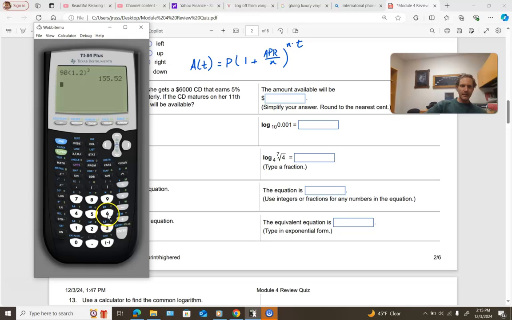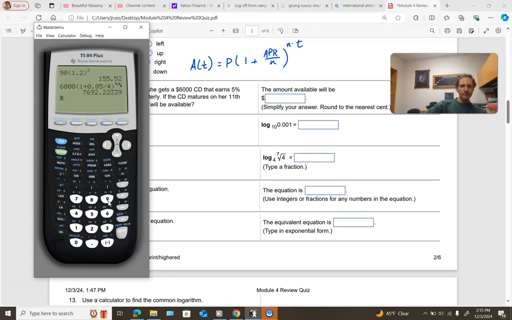Guys, you can type it in exactly the way you would write it. 6,000 times, in parentheses, 1 plus 0.05 divided by 4, because it's quarterly compounding. We're going to raise this to the power of N, which is 4 times 5 for T, because we're talking about 5 years.